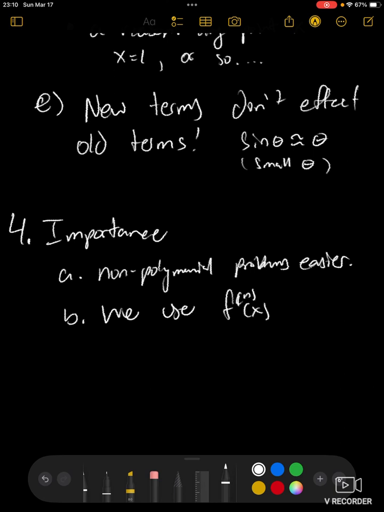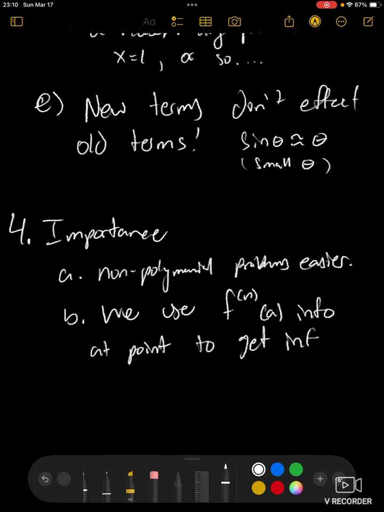Or f^(n) of a, I'll just say. Info at a point to get information around that point. This being the key word, around that point.